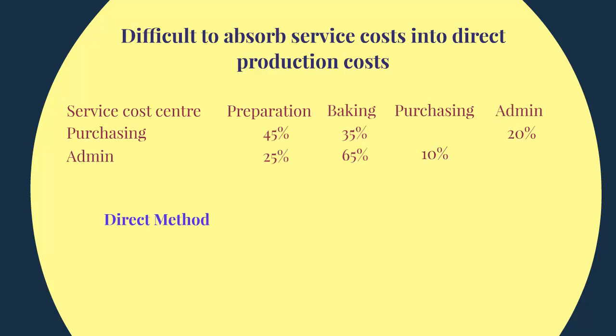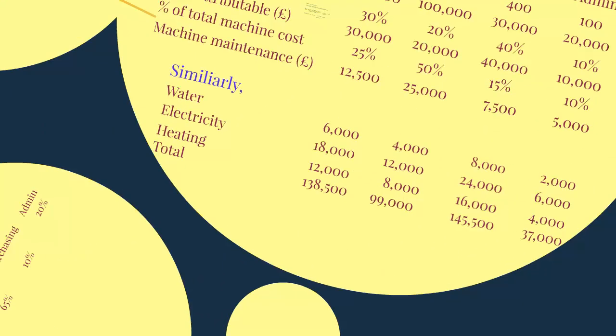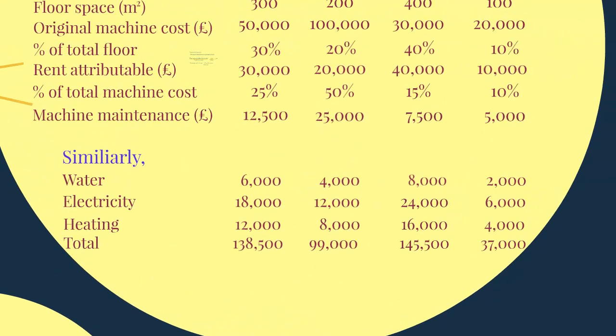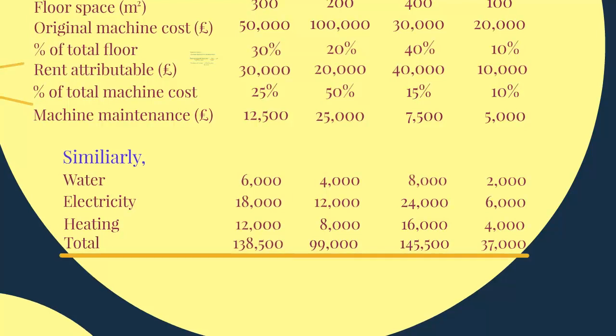Now there are three ways in which we can calculate this, and the first is the direct method. So now we're going to use the direct method to reapportion that 145,500 for purchasing and 37,000 for admin into the baking and preparation categories.